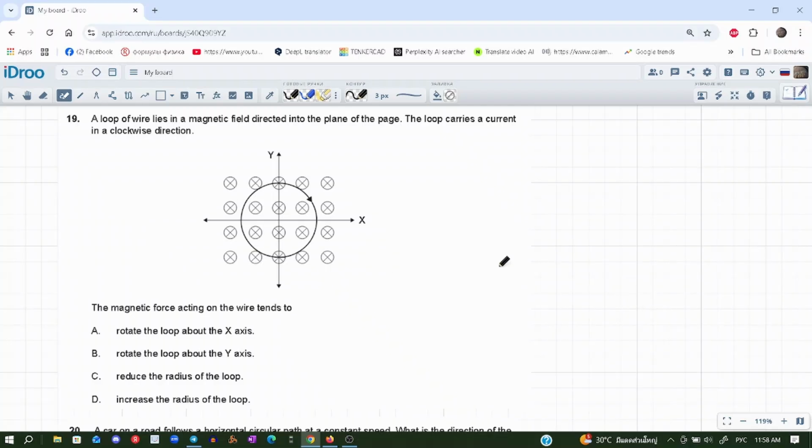And if we apply it, we will see that the force of the magnetic field tries to increase the radius of the loop. Option D, right? Because it acts on it like this. Do you know why? Can you use Fleming's left-hand rule to determine the direction of the force?